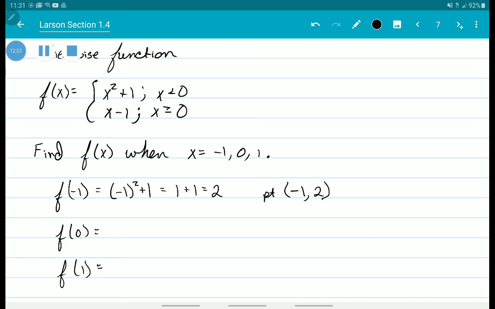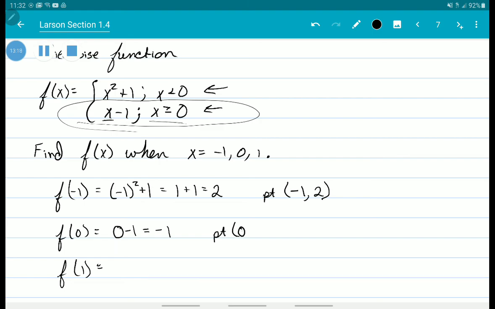If we look at f of 0, we need to ask, which piece does 0 fall in the domain? Is it the first piece or the second piece? And we know that's going to be the second piece because that's for every x value greater than or equal to 0. So then that 0 is going to go in for that x for that last piece. And if we evaluate that, we get a -1. So the point that's on our graph is 0, -1.